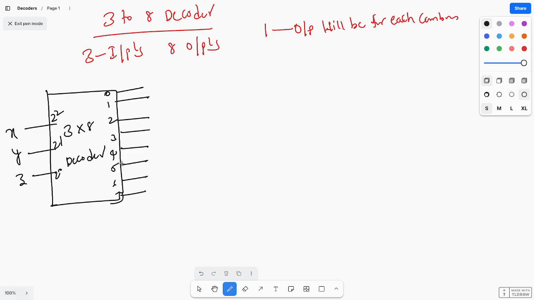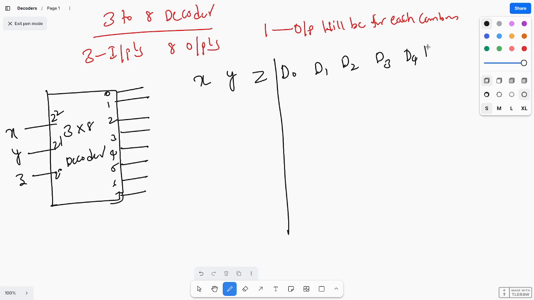The inputs are X, Y, Z, and the outputs are D0, D1, D2, D3, D4, D5, D6 and D7.